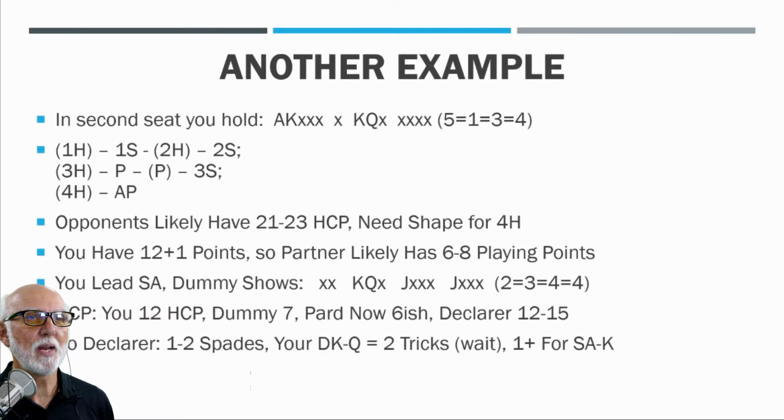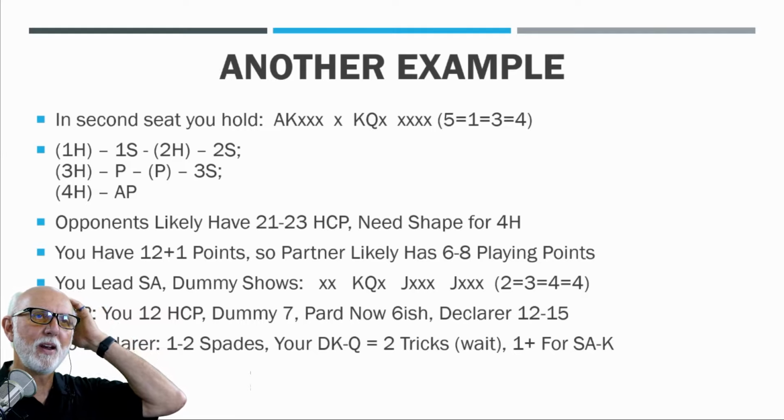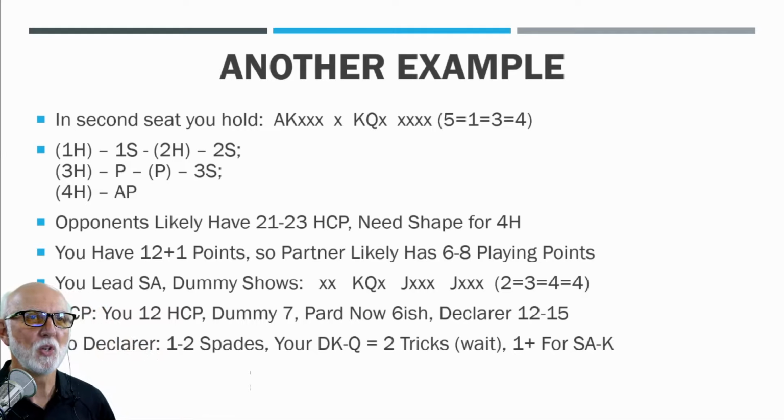We have the king and the queen of diamonds. We would hope to get 2 tricks, but we don't really want to split the king-queen honors and have the declarer take the ace if they are our right-hand opponent. So we're going to wait on that one. And then we've got our club suit there. The club suit is we've got 4 babies.